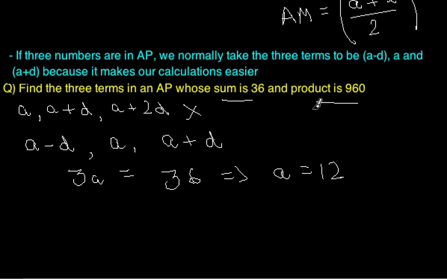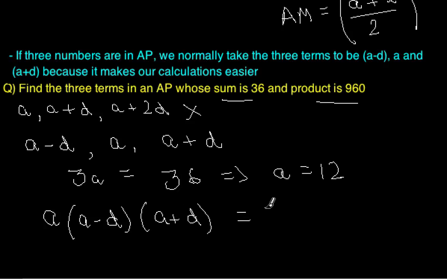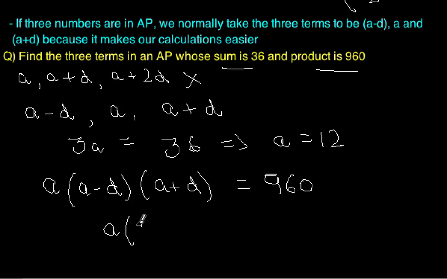Now we have been given that the product of the three terms is 960. So A into (A minus D) into (A plus D) is equal to 960. Now (A minus D) into (A plus D) is A square minus D square using the algebraic identity.